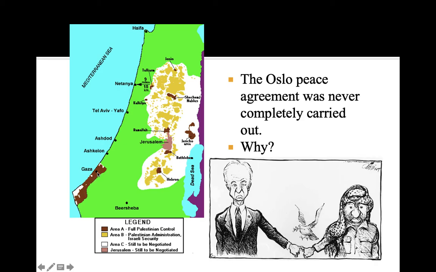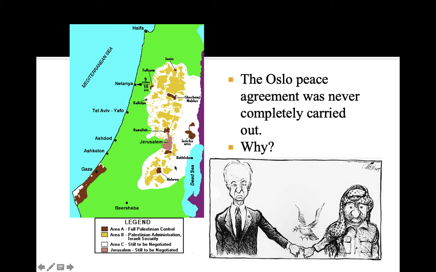The brown areas are areas that in 1993 the Palestinians immediately got control of. So you can see here around Jericho, Bethlehem, Hebron, the Gaza Strip, these were all immediately given to the Palestinians. And then the goal was that eventually these mustardy color areas would be given back to the Palestinians too, and so they would have self-rule in those areas.